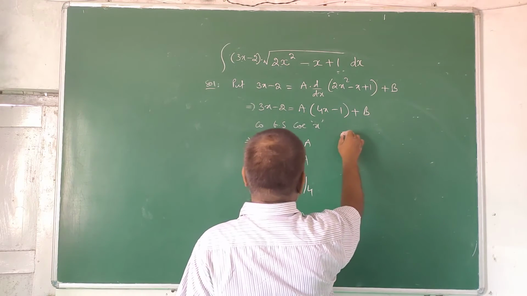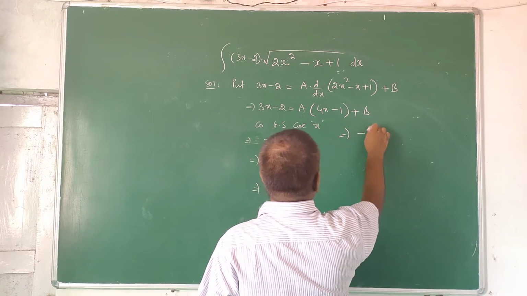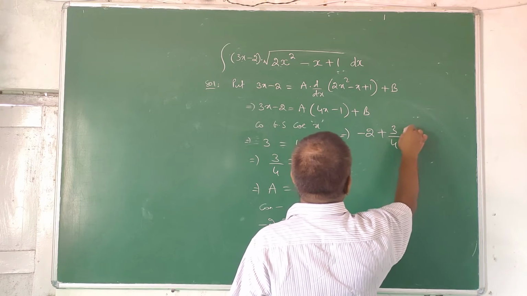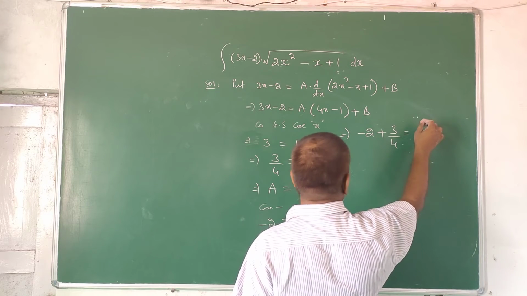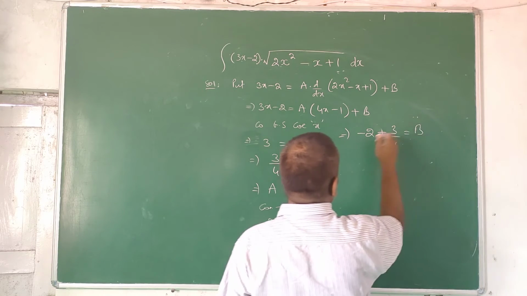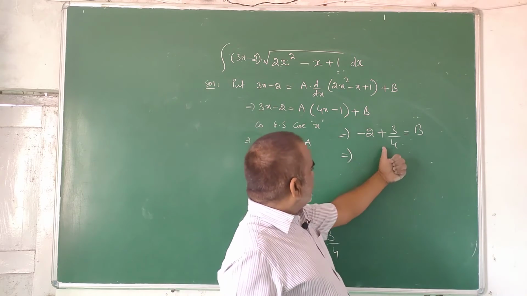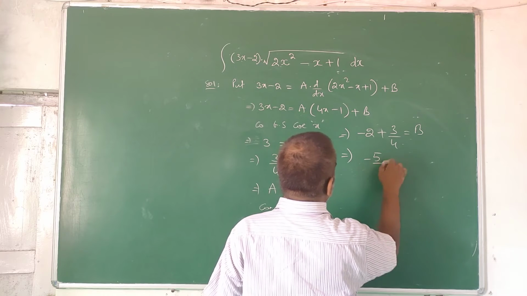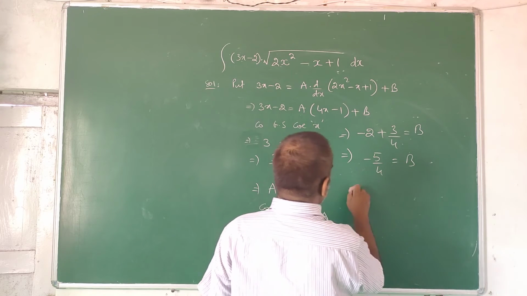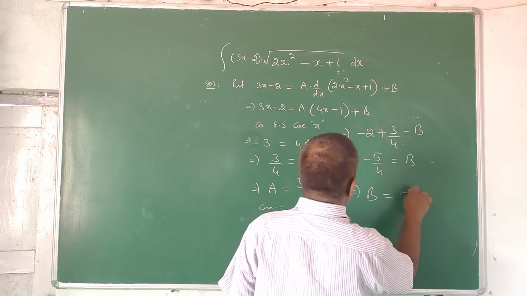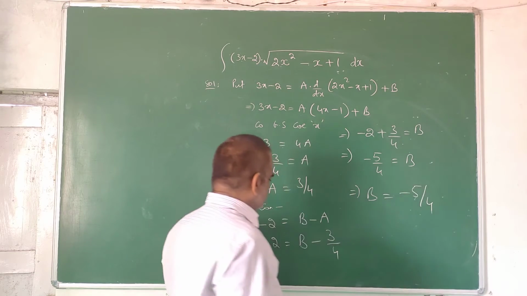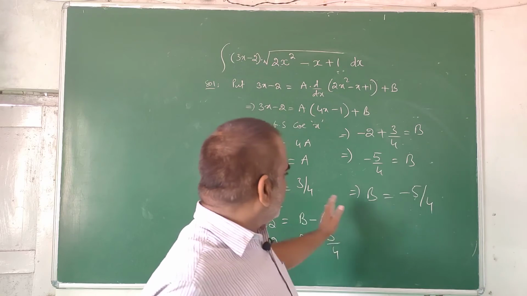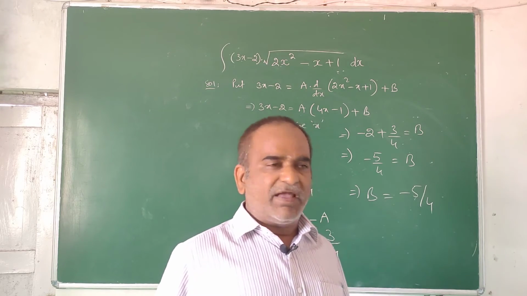So this implies minus 2 plus 3 by 4 equal to b. So minus 8 plus 3, minus 5, so minus 5 by 4 equal to b, implies b is equal to minus 5 by 4. So you got a value 3 by 4 and b value minus 5 by 4.